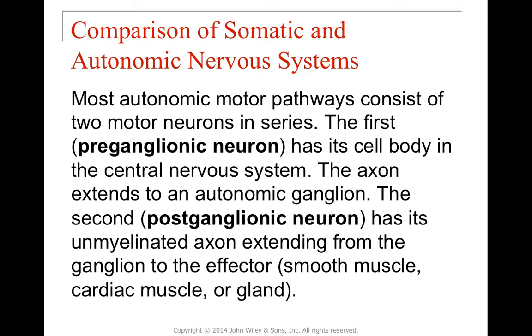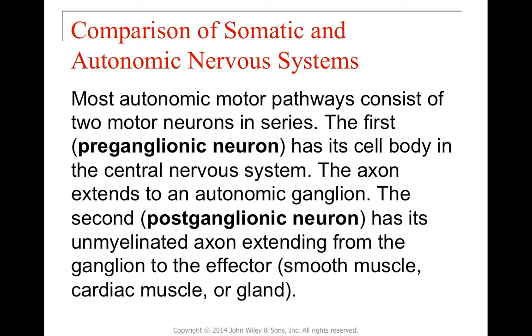That means that the cell body of this neuron is going to be found either in the spinal cord or in the brain itself. Now this axon is going to extend out to an autonomic ganglion, so an area where it's going to interact with another neuron. Now a second neuron is going to be present here. This is the postganglionic neuron, and this neuron is unmyelinated.